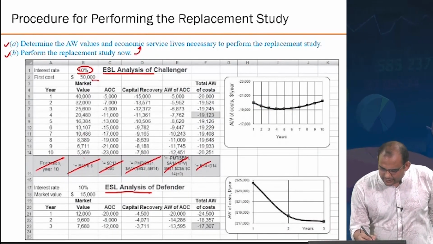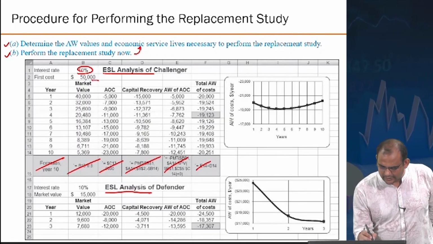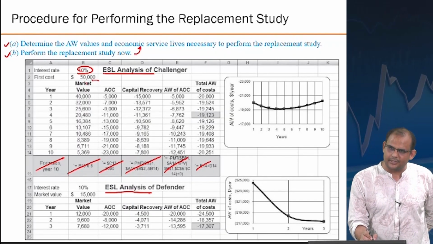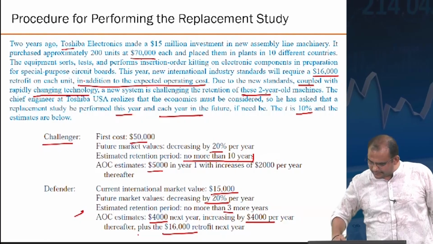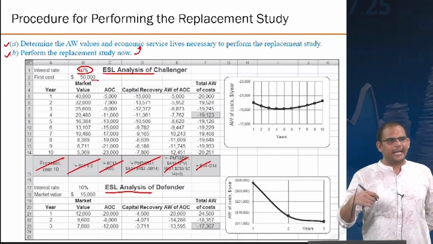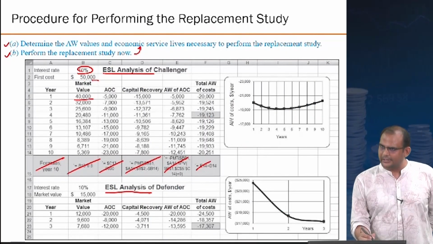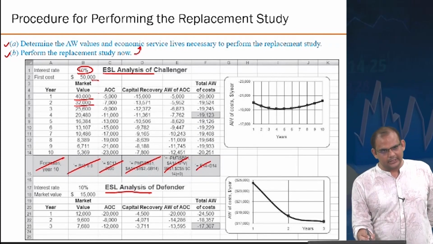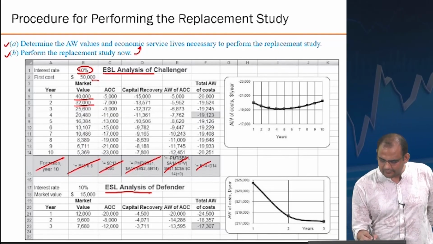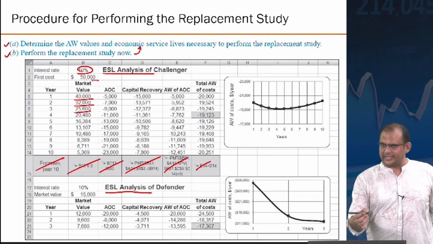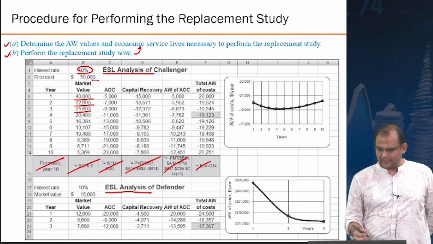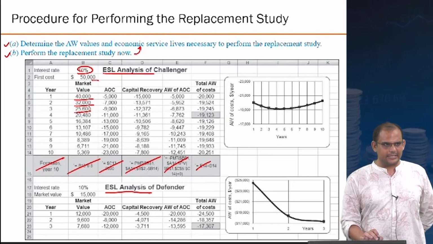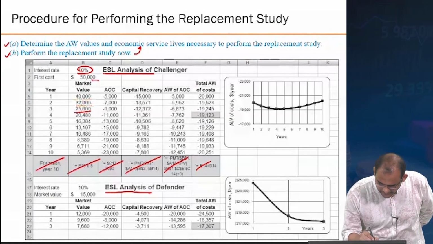So the market value, you can plot: 50,000, 20% decrease. So the remaining 80% is what? 40,000. 80% of 40,000, 32,000. 80% of 32,000, 25,600. You can go and plot for 10 years. This series making sense? Okay.